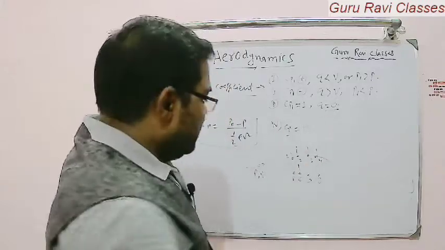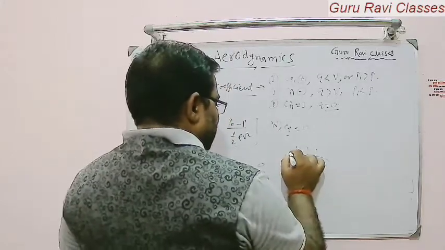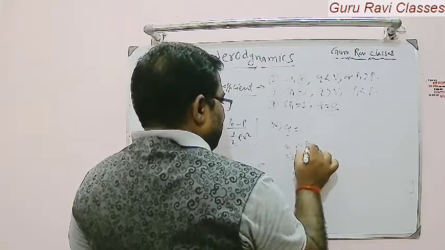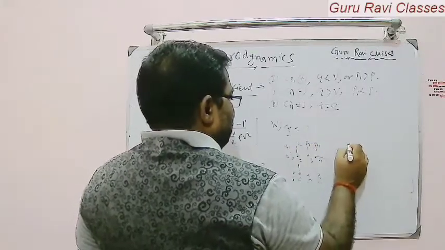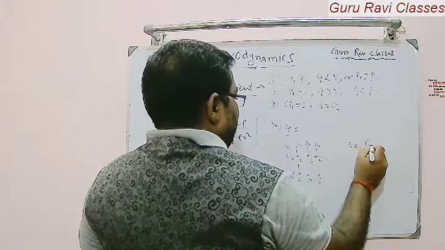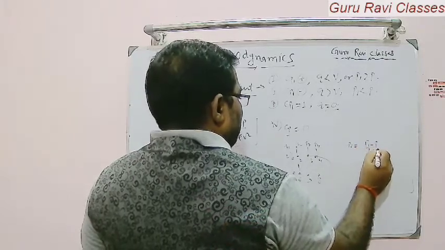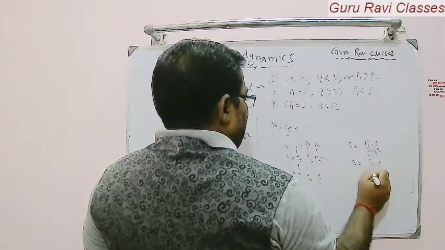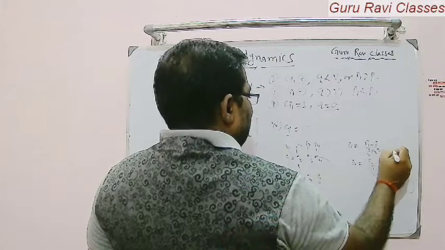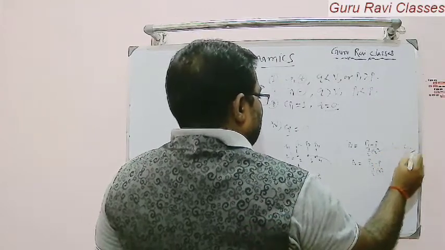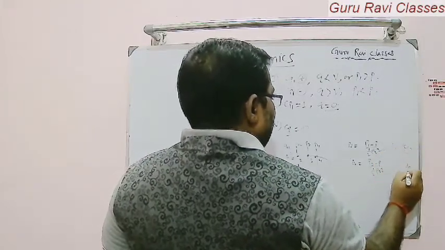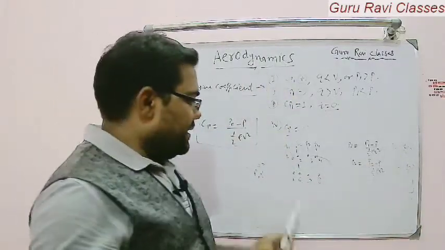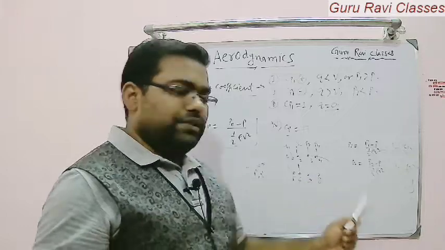If I say the velocities are q1, q2, q3, q4, I can directly say Cp1 is equal to P1 minus P divided by half rho V square. Cp2 is equal to P2 minus P divided by half rho V square. So this is nothing but 1 minus q1 by V whole square. This is 1 minus q2 by V whole square. Like that we can write the equations for Cp1, Cp2, Cp3, Cp4.